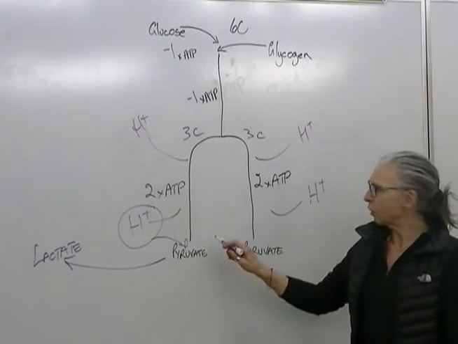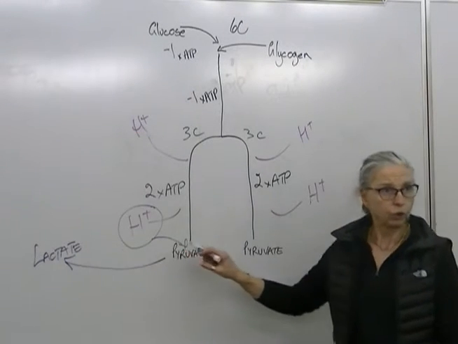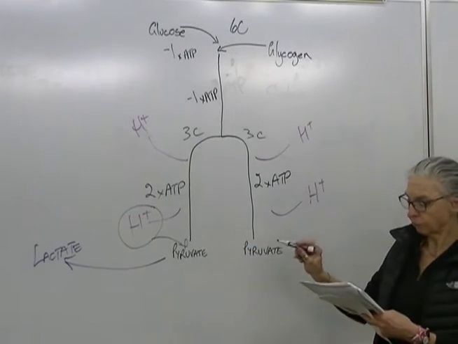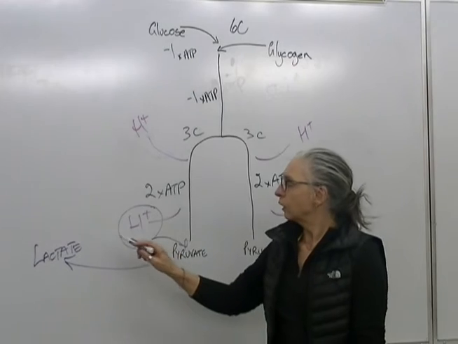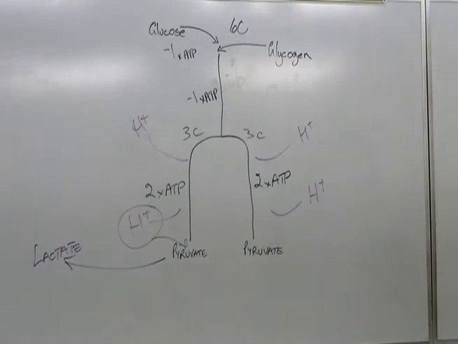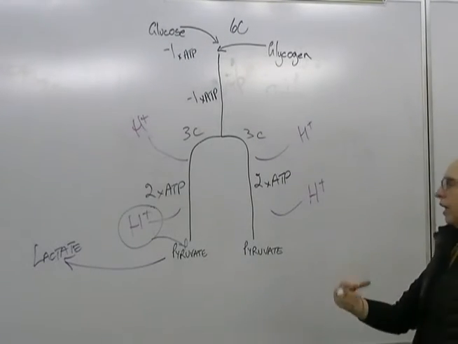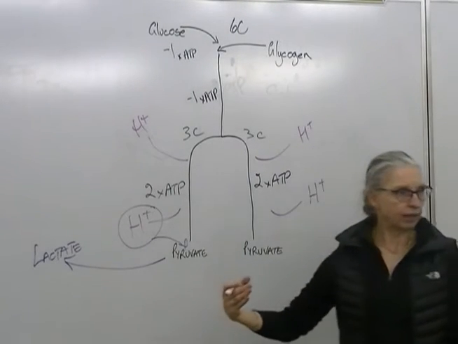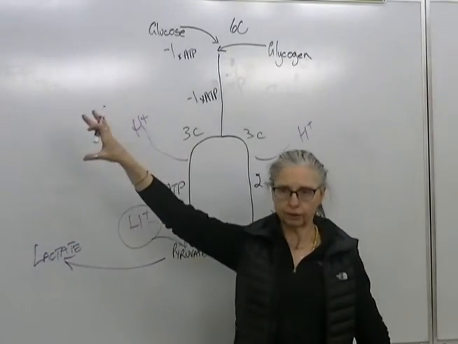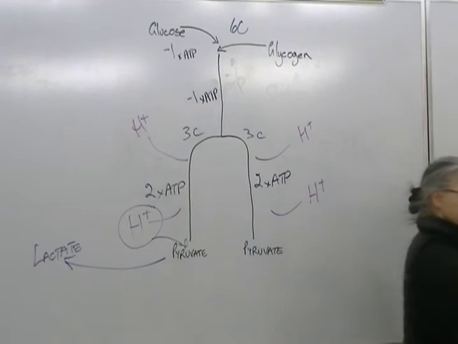So if it's following this route, we're working anaerobically. And that lactate can be recycled back to glucose to provide energy again. But we're not going to worry about that additional system because that's more advanced.